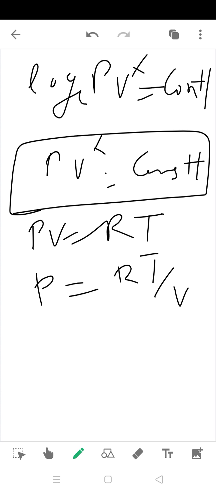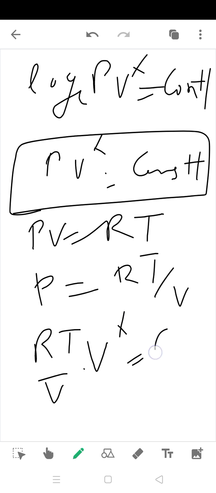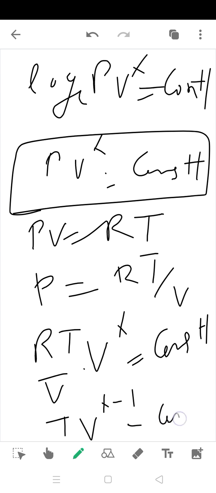We get RT by V into V to the power gamma is equal to constant. So after solving this, T V to the power gamma minus 1 is equal to constant. This is the adiabatic equation in terms of T and V parameters. Similarly, we can calculate in terms of P and T parameters.